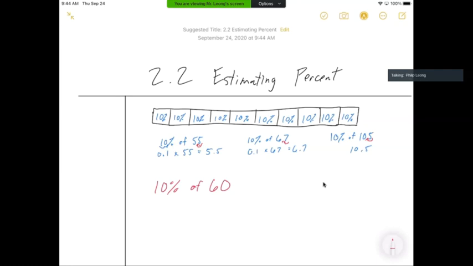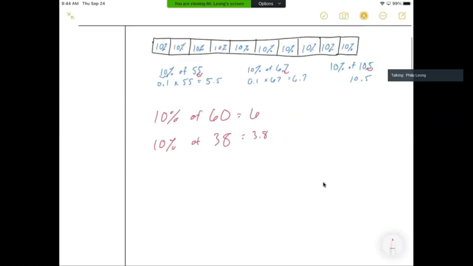All right. Yeah. Very good. Easy. This one, 6. Good. Okay. In your head, what's 10% of 38? Very good. Right? So 3.8. Okay. Let's do it a little harder.